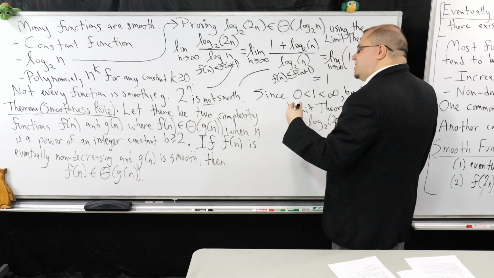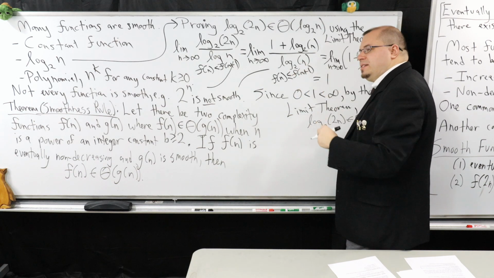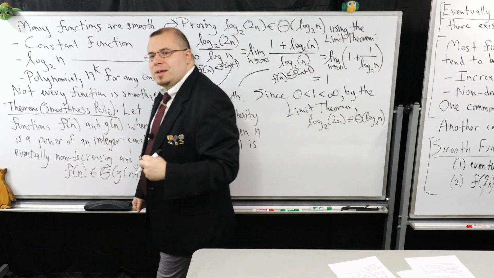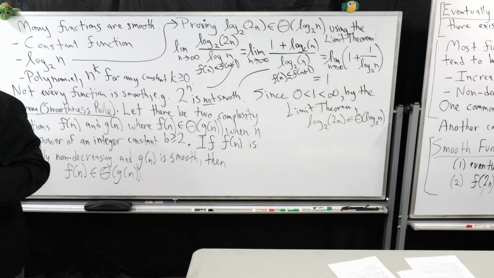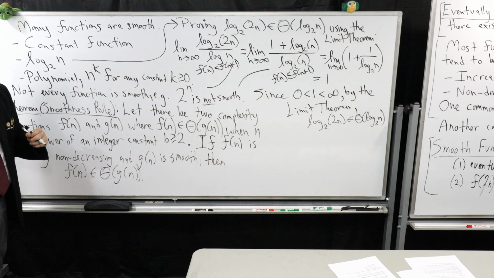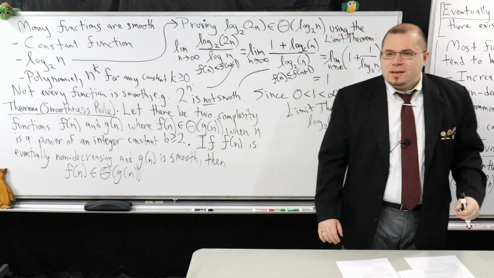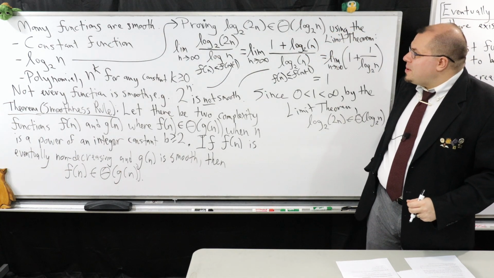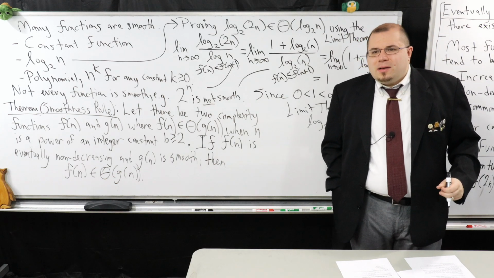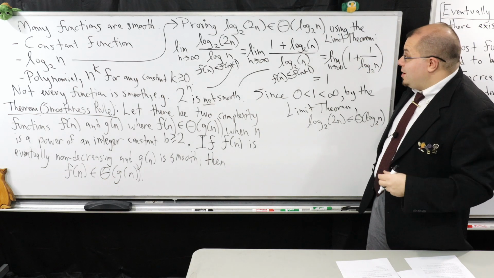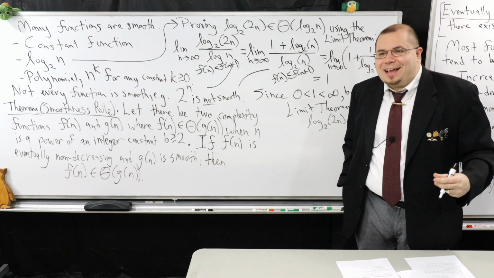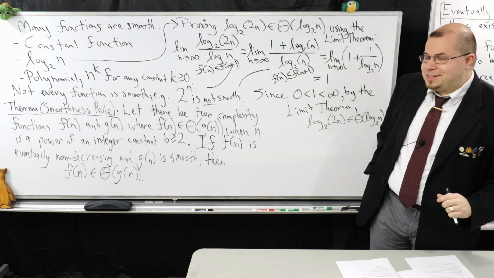After that, it's going to start behaving like a non-decreasing function. As long as that point exists, we can call it eventually non-decreasing. For most of the time we're going to talk, these are asymptotically or eventually non-decreasing.